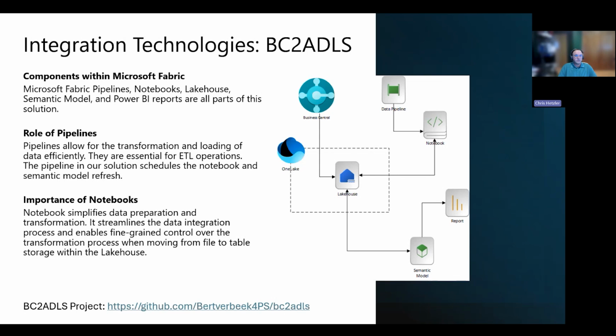So the components within Microsoft Fabric that we leverage are pipelines, notebooks, the lakehouse, which is built on OneLake storage, as the diagram shows, a semantic model or multiple semantic models, if you want, on top of those lakehouse tables specifically, and then Power BI reports that either have child semantic models based on that primary one or primary ones, or directly on that primary semantic model, all depending on what the analysts need.